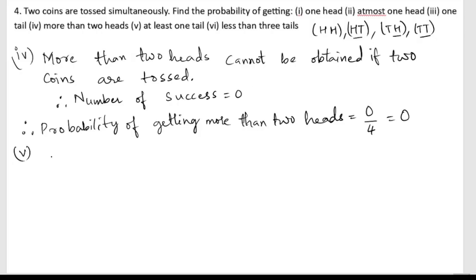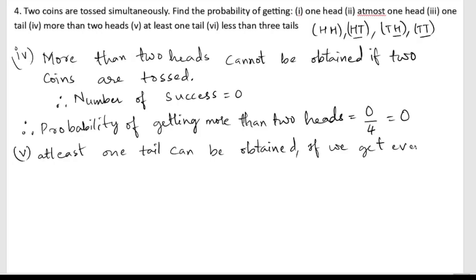So let us write down that. First of all, we will write down at least one tail. At least one tail can be obtained if we get events like this: heads, tails, tails, heads, and tails, tails.